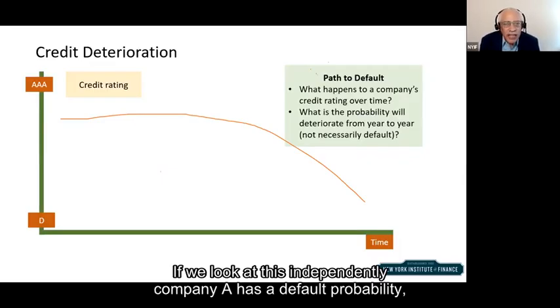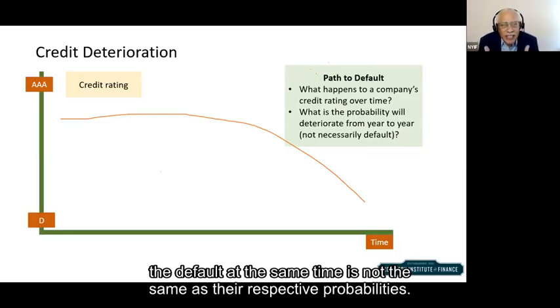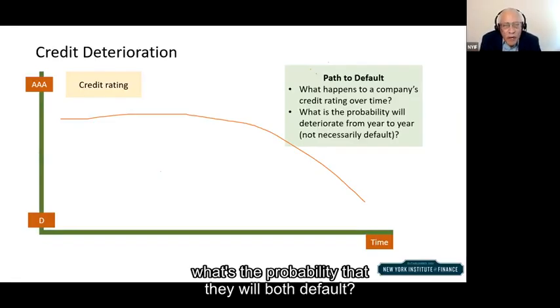If we look at this independently, company A has a default probability, company B has a default probability, but the probability that they'll default at the same time is not the same as their respective probabilities. So what we're trying to see is, what's the probability that they'll both default?